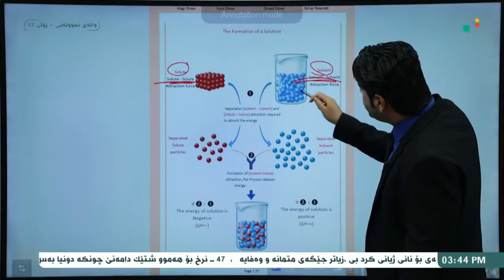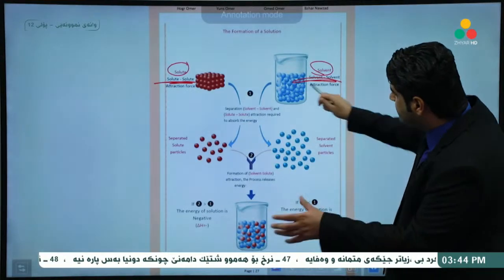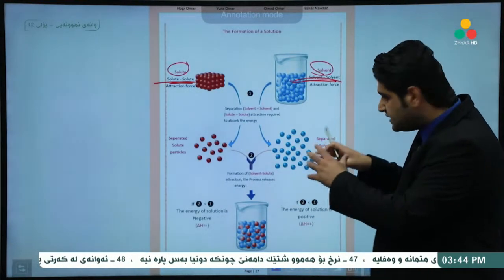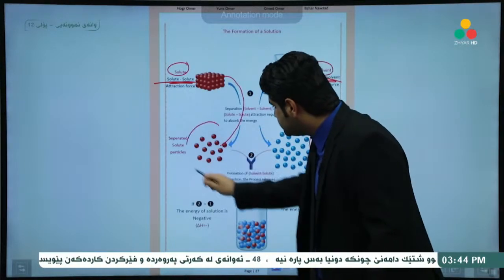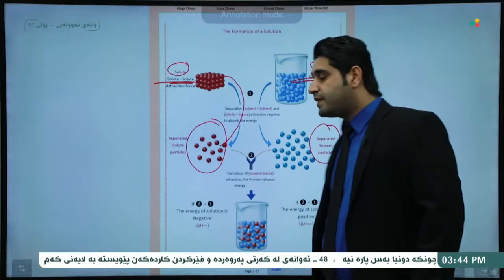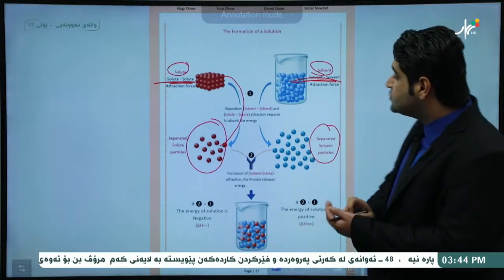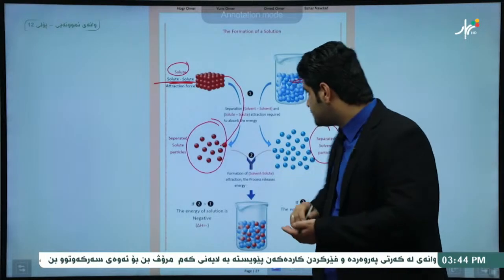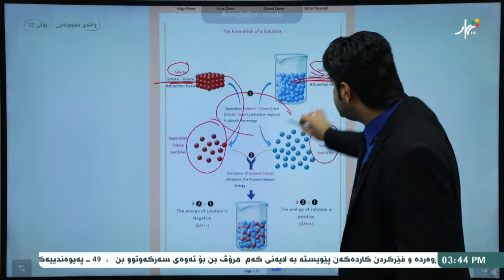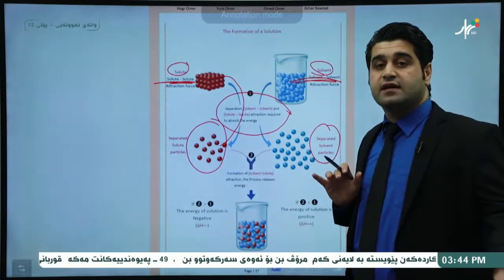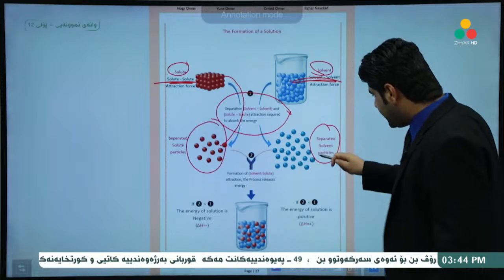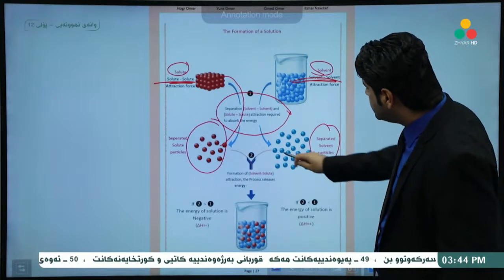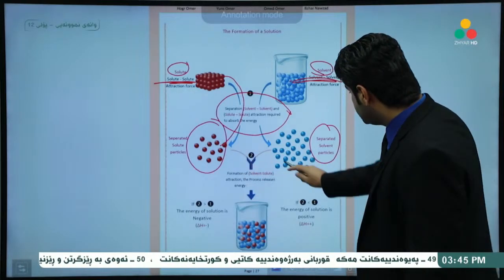The first step is expanding the solvent, which means separating the solvent into its individual particles, and the solid is also separated into its individual particles. This process leads to absorbing energy. So the first step, separating particles from each other, is energy absorbing. And then they are ready to reform a bond together.